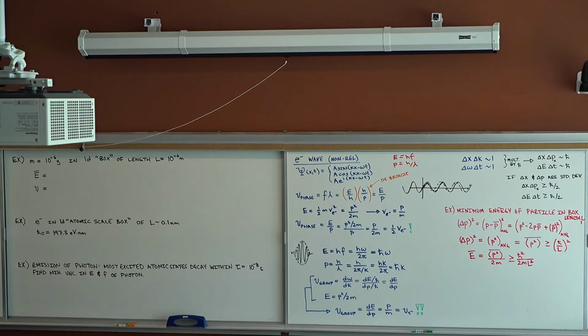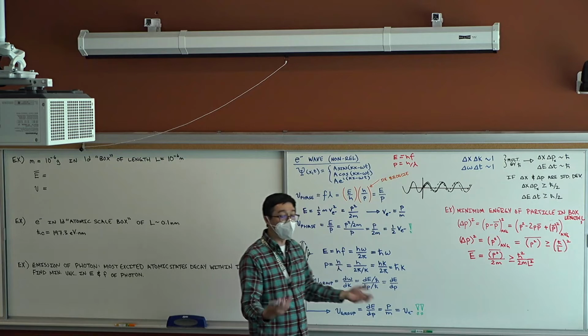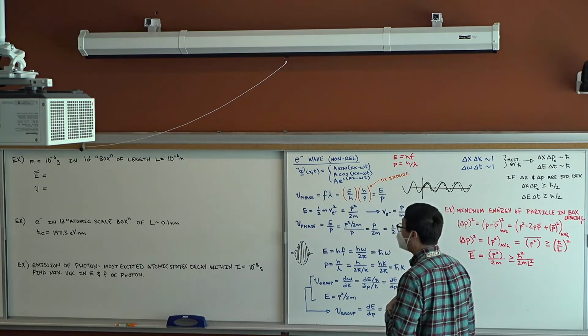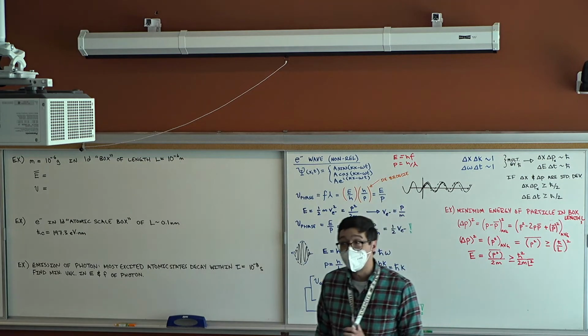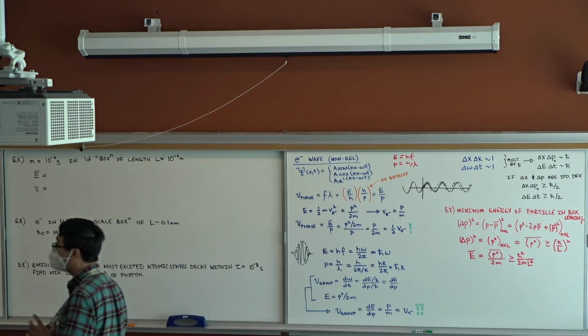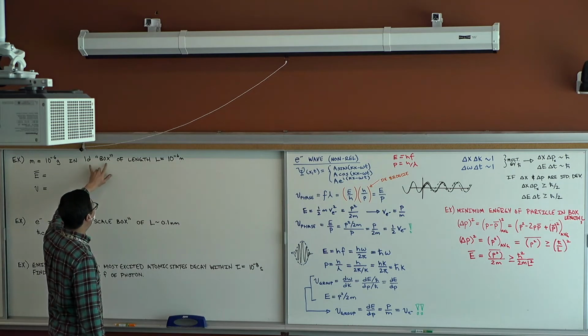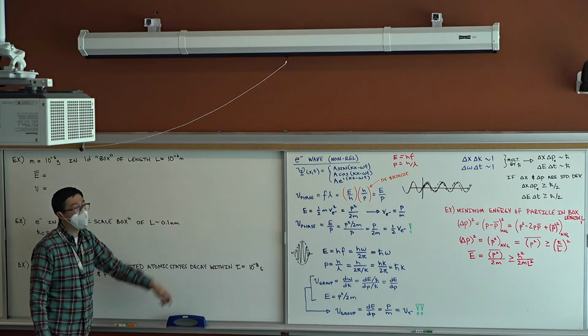So let's look at something small but still macroscopic. Something that has a mass of 10 to the minus 6 grams, that's tiny, right? But not nothing. In a one-dimensional box that has a length of 1 micrometer.